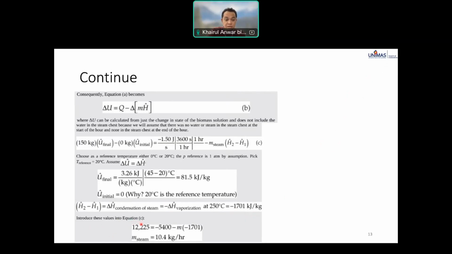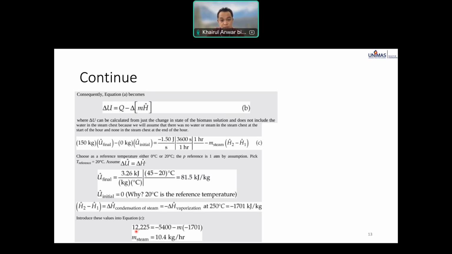Introduce this value into the energy equation. 150 multiplied by the 81.5, you get 12,225.